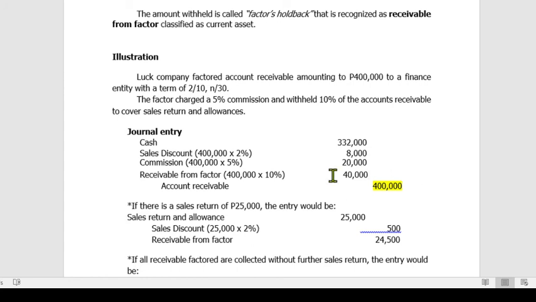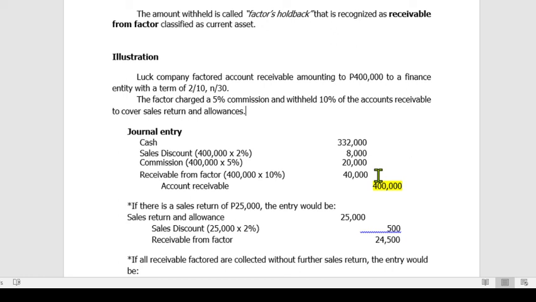Okay, isa-isahin natin ito. Magmula dito ang sabi dito, there is withheld. Nagwi-withheld daw ng 10% yung pinagbentahan mo ng receivable para doon sa mga sales return, kasi baka mamaya may mga nagsusoli ng mga dati mong ibinenta. So, para meron naman siyang security. So, this is treated as an account title, debit receivable from factor. So, receivable from factor yan on the books ng nagbenta, ito yung journal entry mo. So, meron kang receivable. Kasi paano kapag wala namang nagsoli, edi kukunin mo yan kay factor.